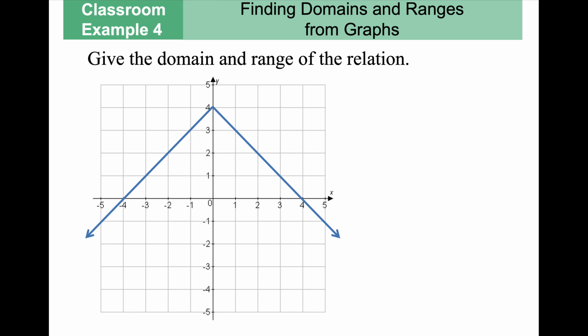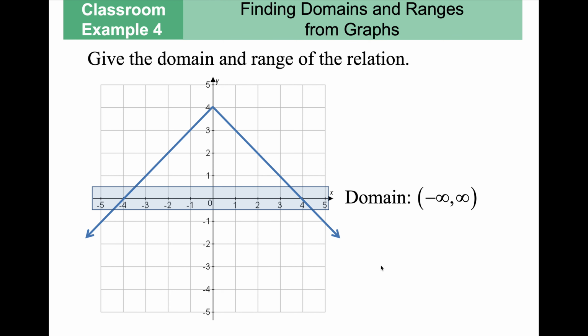Let's look at this on the graph. Now, our graph is a little bit trickier because I'm looking at the horizontal x-axis from left to right. If this has arrows, it's going to keep getting bigger forever, and same thing over here. So I'm going to have all real numbers from left to right. There's no place where the graph doesn't exist. So when we're doing the domain here, we're looking for where the graph does not exist.